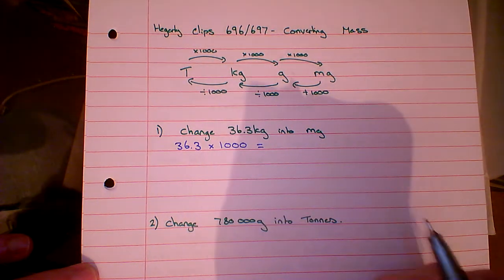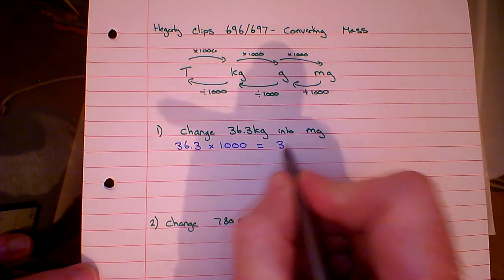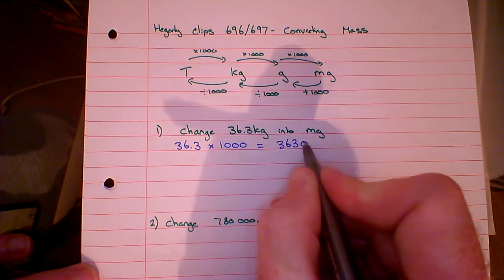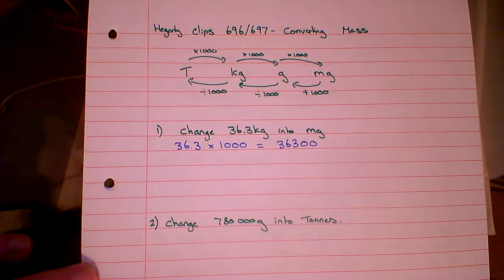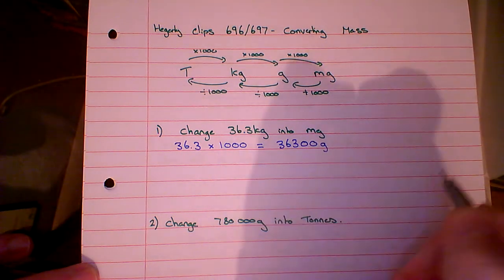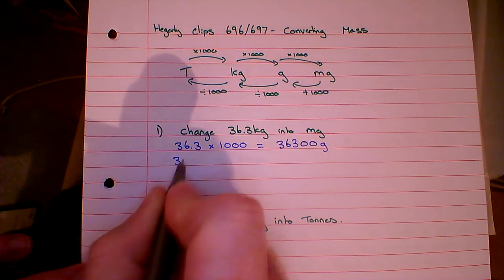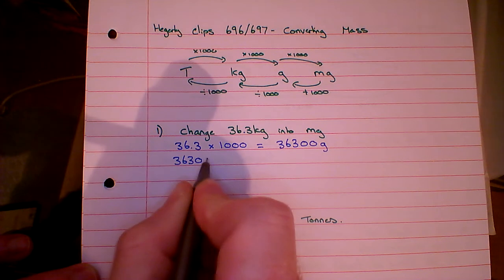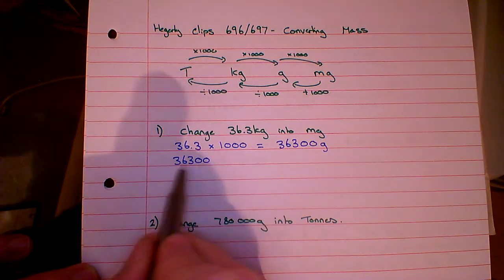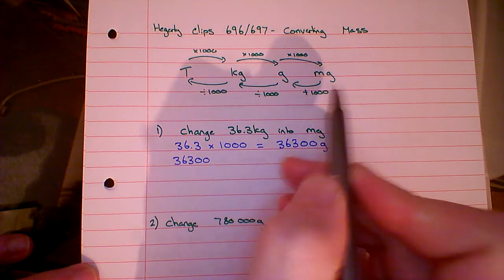And that's going to give me a total in grams. So 36.3 times 1,000 is going to be 36,300, and that's grams. Now that I've got my total in grams, I'm going to write that on my next line because I need to do something with that. 36,300. Now I've got grams, I want to go to milligrams because that's my final destination.